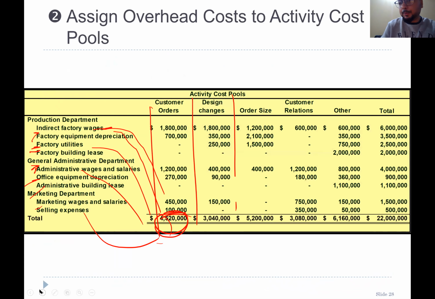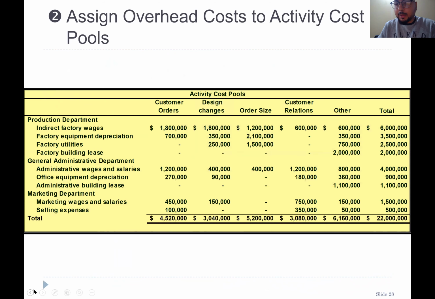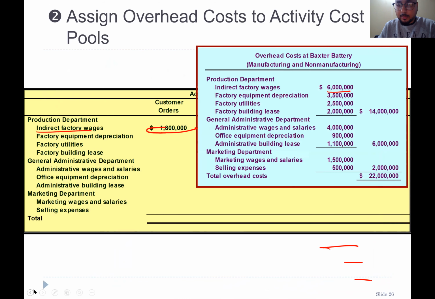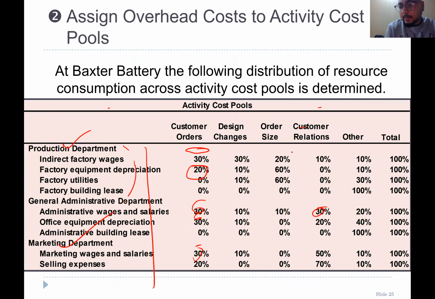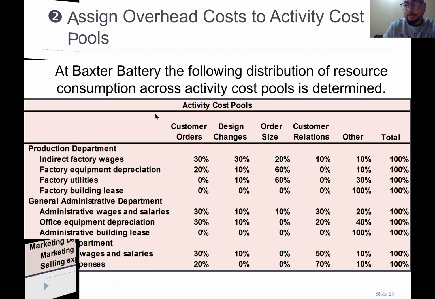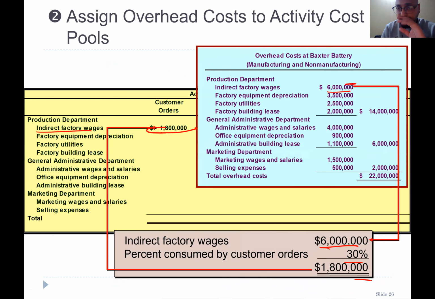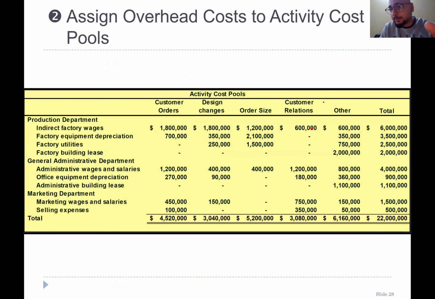So can you tell me where this 600,000 is coming from? We know that order size is 20% of indirect factory wages. Sorry, customer relation is 10% of indirect factory wages. So you see, indirect factory wages are 6 million, and 6 million multiplied by 10% is 600,000, right?